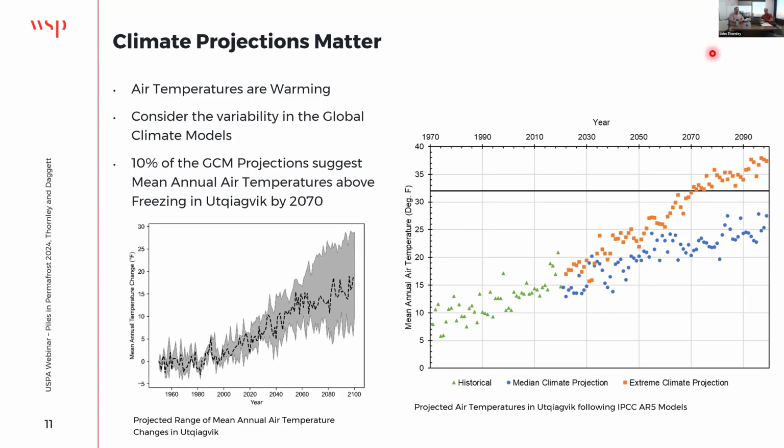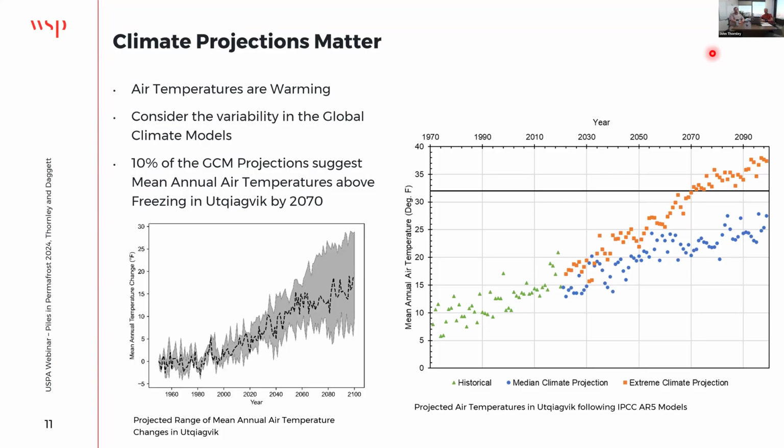So if we want to look at what's going to happen in the future, let's start talking about air temperatures. Right here we have a projection of air temperatures for Utqiagvik. We can go with our mean annual air temperature back in 1970 of about 8 degrees Fahrenheit.